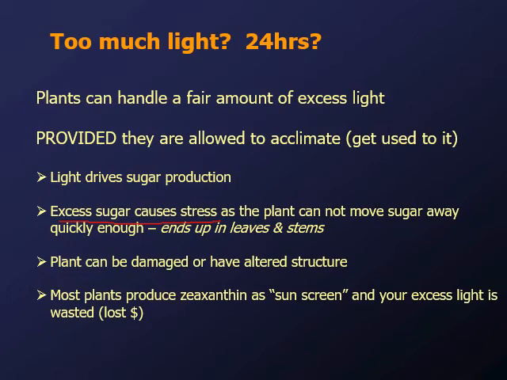Another conundrum is that plants actually produce their own sunscreen. It's called zeaxanthin. Most of these types of molecules, or what we call photoprotectants, have a lot of excellent health benefits. And so there's a situation where if you're growing some medicinal plants, having higher photoprotectants might actually make your plant more useful from a medicinal perspective.